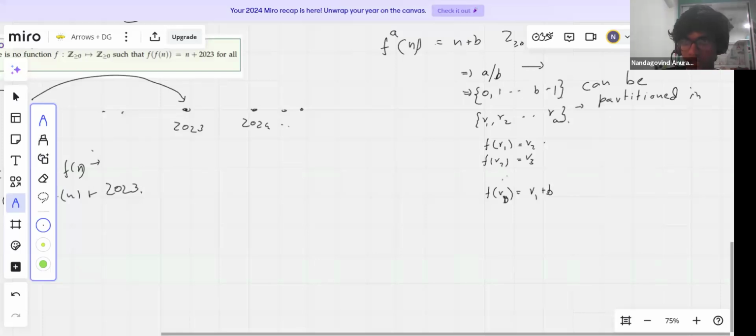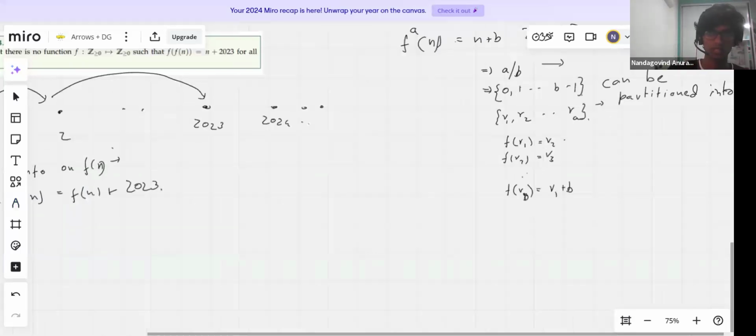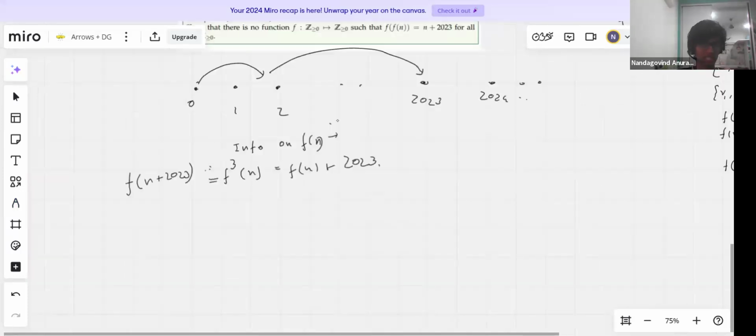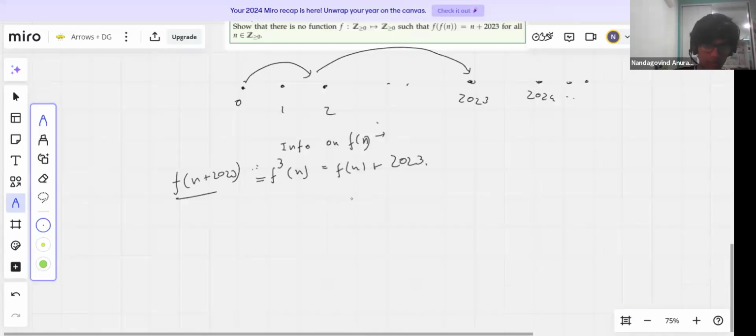Can be partitioned into this, such that this holds. Yes. Okay. So what does this mean? What does this mean? f of n plus 2023 is equal to f of n plus 2023. Can you figure out something more from that?